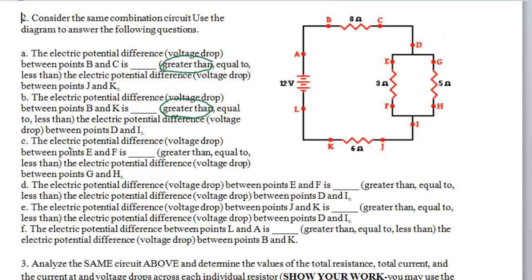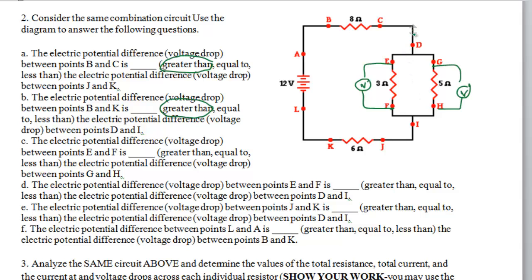The electric potential difference, the voltage drop between points E and F, how is it related to the voltage drop between G and H? E and F is the voltage drop across this 3 ohm resistor if you connect a voltmeter. How would the voltage drop between E and F be compared to the voltage drop across G and H?